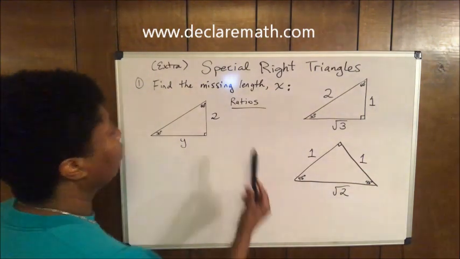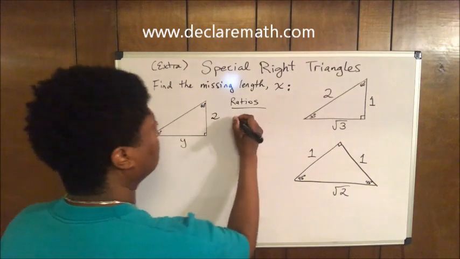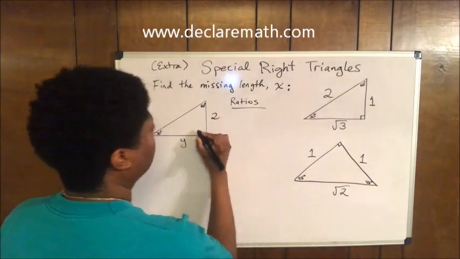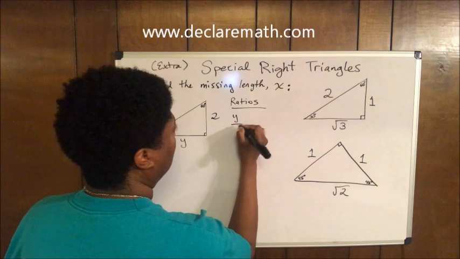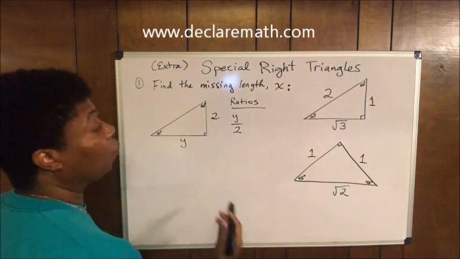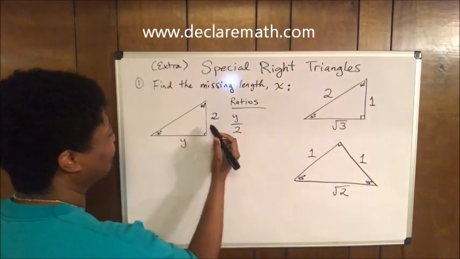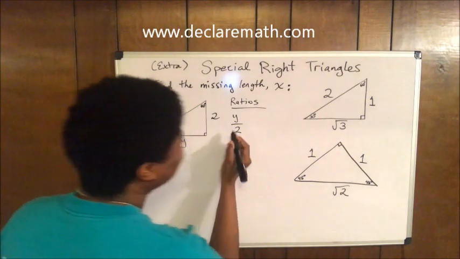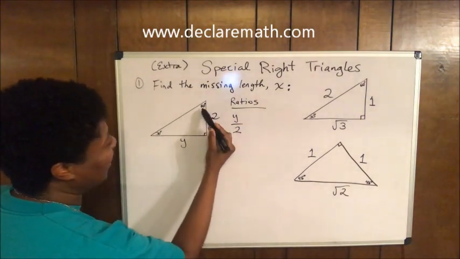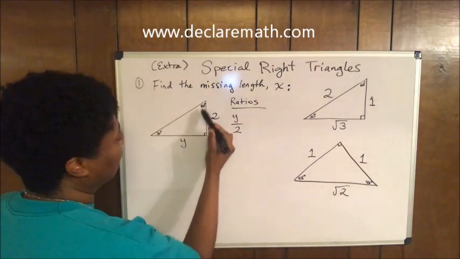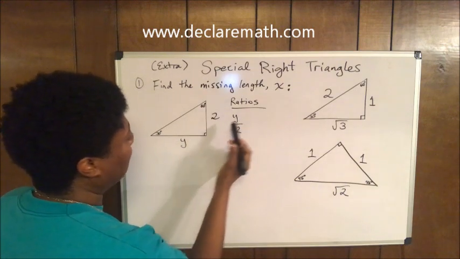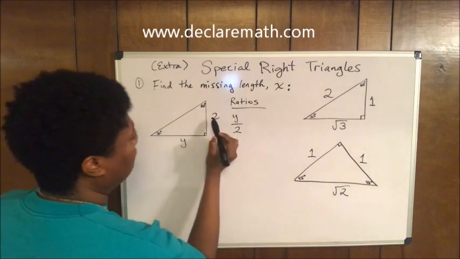Here we have y over 2. The side opposite of the 60-degree angle is y, and the side opposite of the 30 is 2.